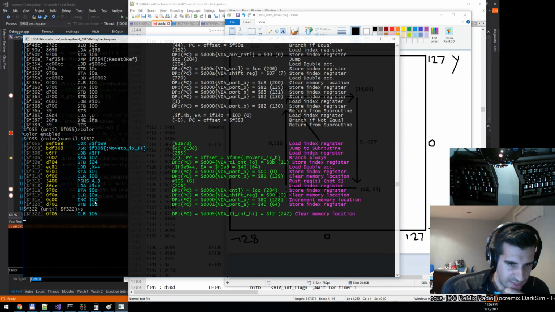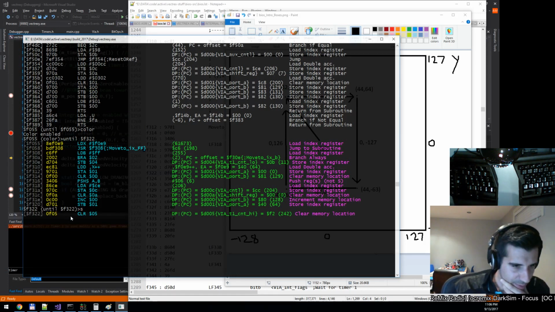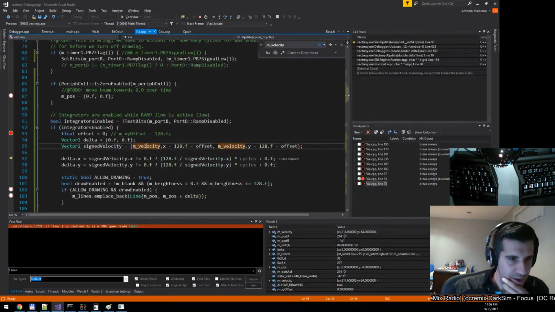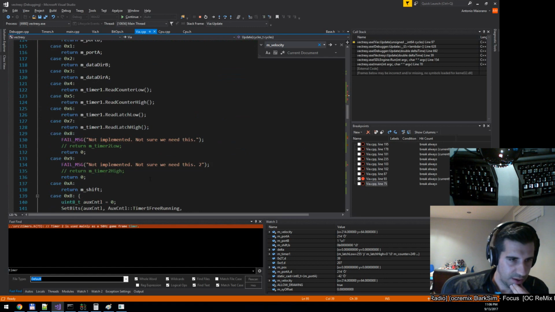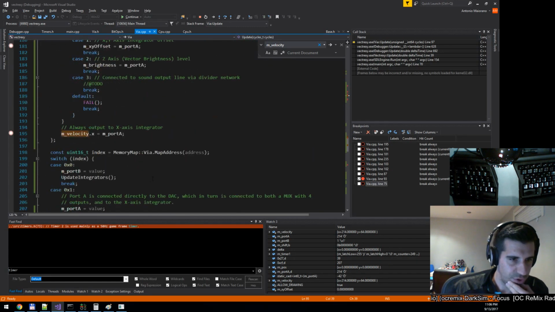Then by incrementing port B here, we disable the mux such that the next value, which is the X value that we wrote, ends up in the X register. So by the time we come to the clear 5 here, I'm expecting velocity to have those two values in them.